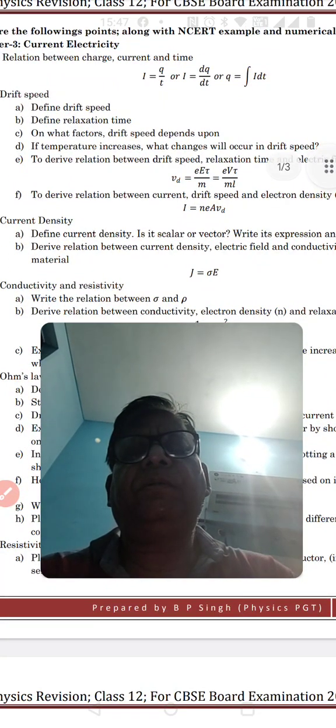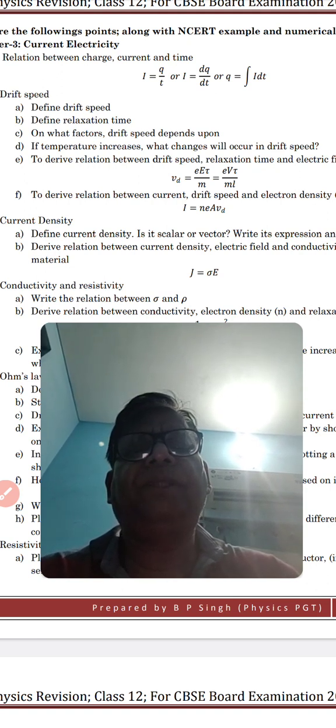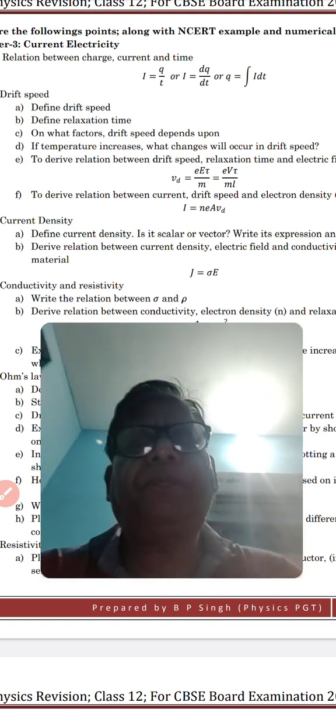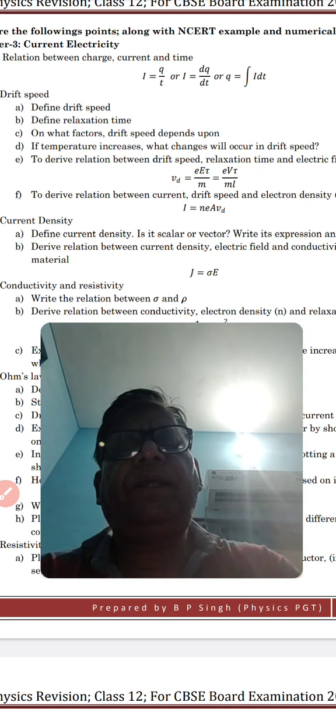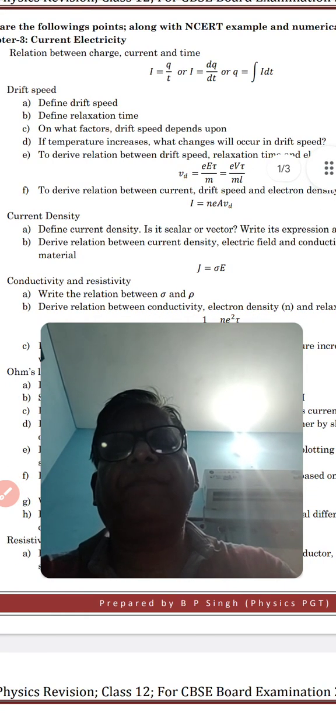Now next point, to derive relation between current, drift speed and electron density, that is small n, number density or number of electrons per unit volume, as I equal to small n small e a Vd. Here it is mentioned.